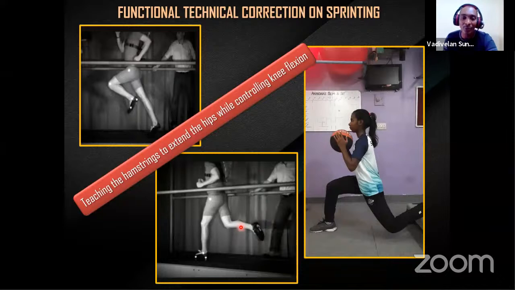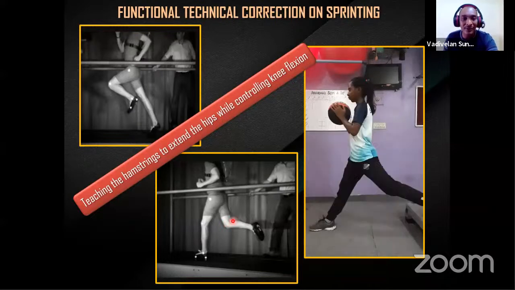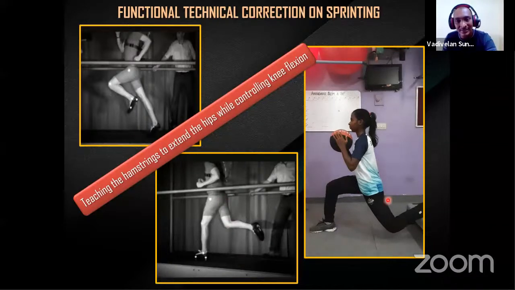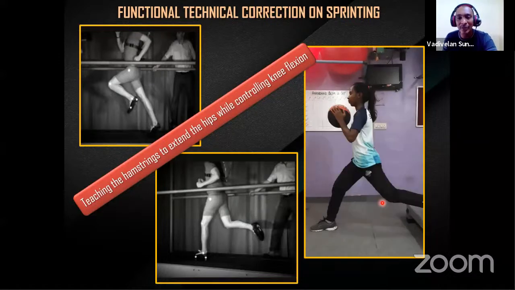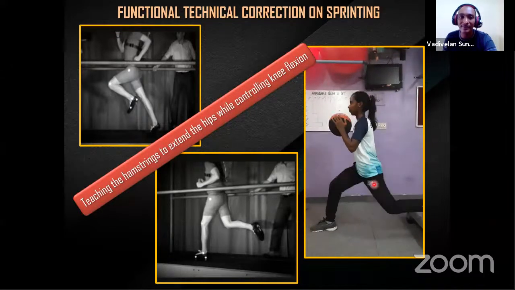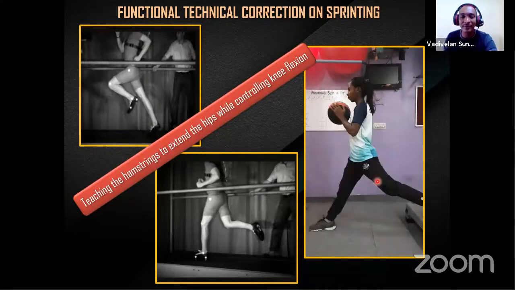As I told, in the comparison between the athlete and non-athlete, the non-athlete is lacking in controlling the knee flexion while extending the hip. So these lunges will train your hamstring to control your knee flexion while controlling your hip extension. That's the thing of training, that's the thing of functional training.